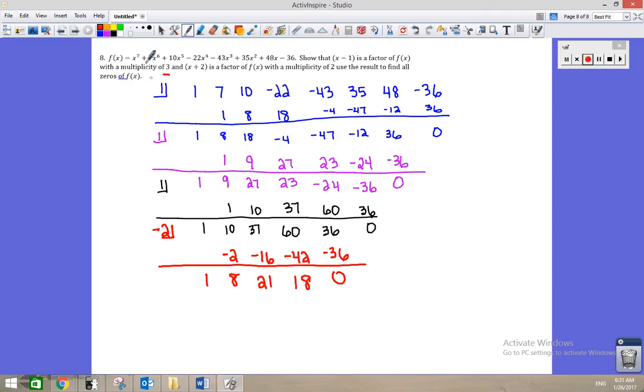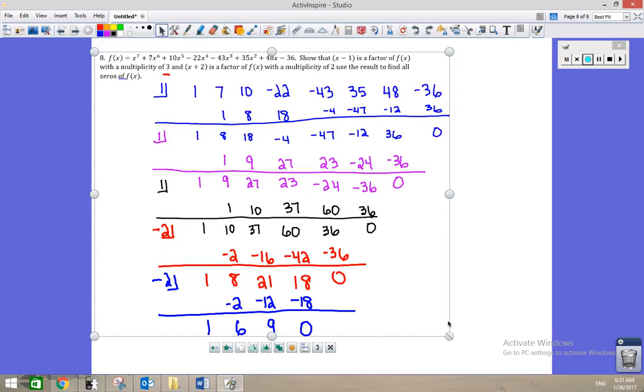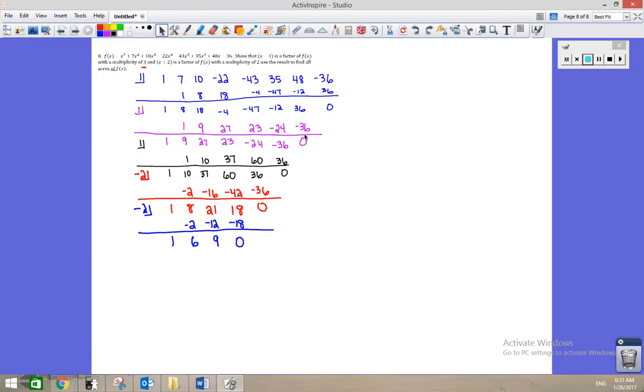I get a 0 there. I can do it again with negative 2 because it said multiplicity 2. So I'm expecting a 0 over here. And I get it. So now, well, how do we factor this all together now?